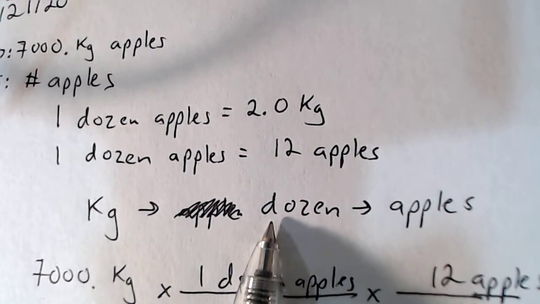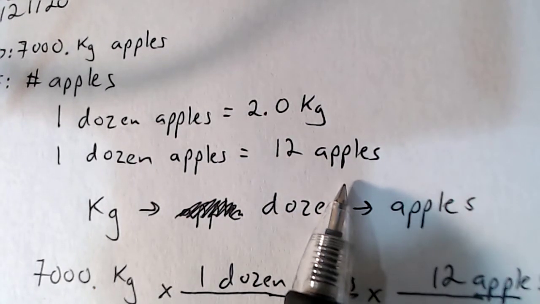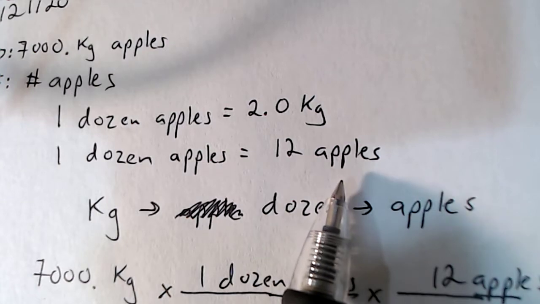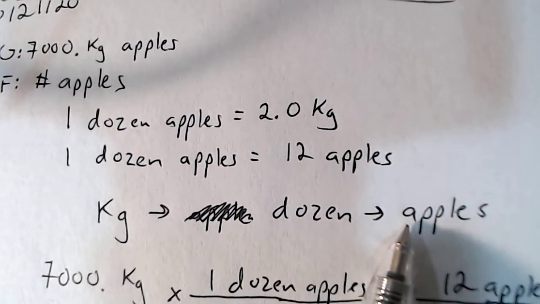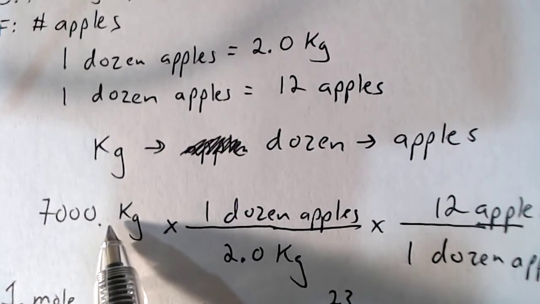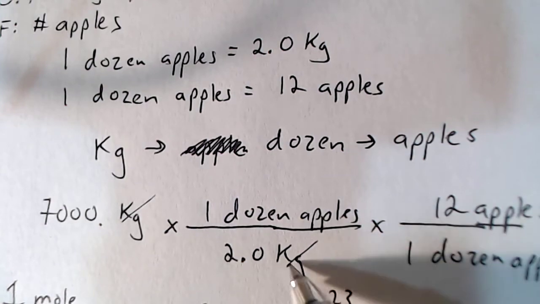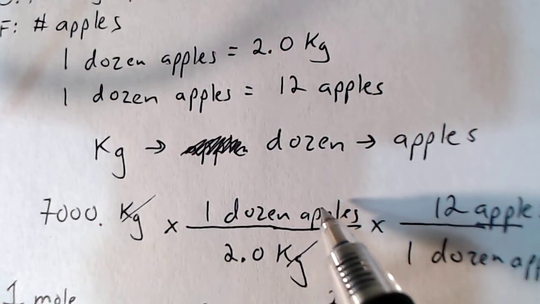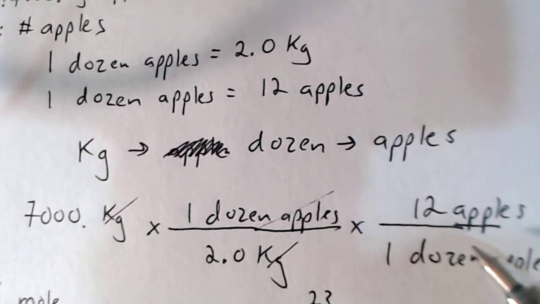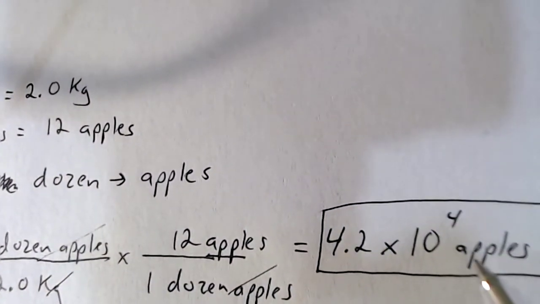That has a relationship to both kilograms and to the number of apples, so it can connect kilograms to apples. You start out with a certain number of kilograms, having that on top and bottom, that can cancel as you go into dozens of apples. And then having dozens of apples on top and the bottom, it will cancel, leaving you a certain number of apples.